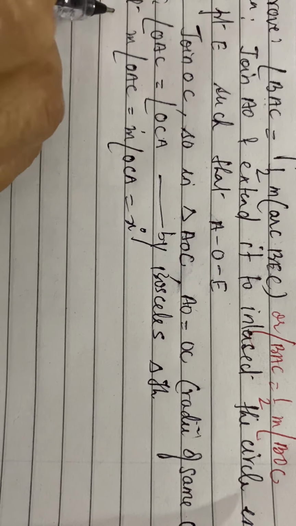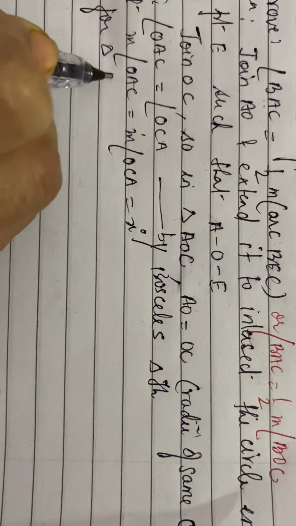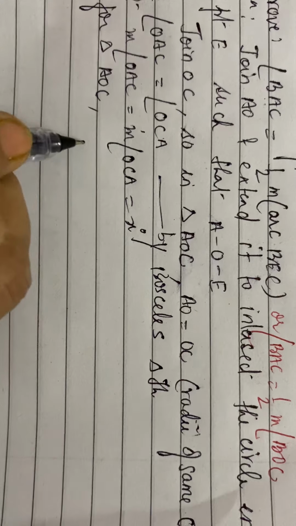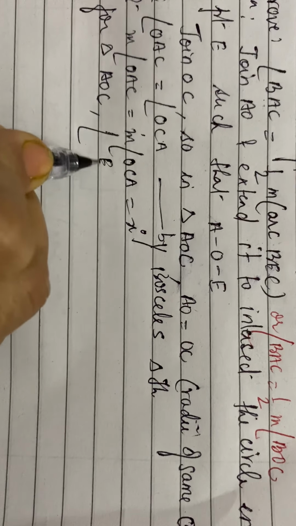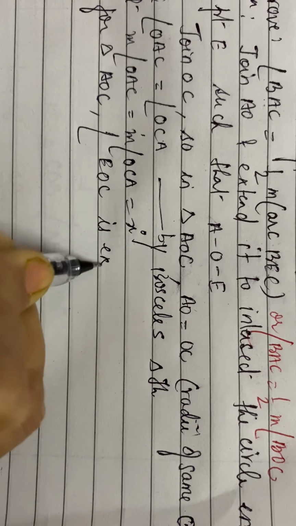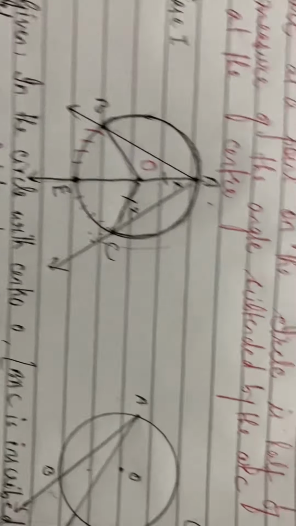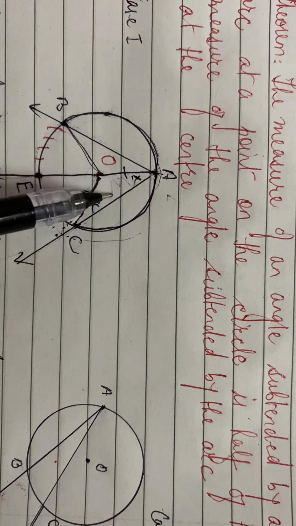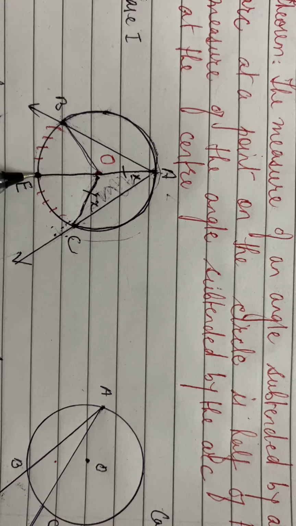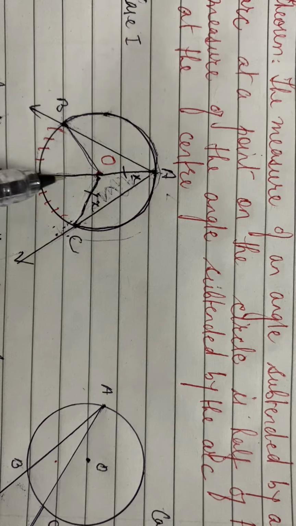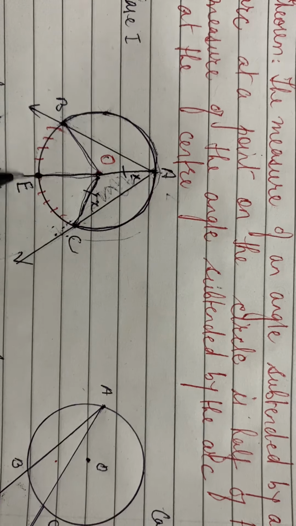So, for triangle AOC, angle EOC is the exterior angle. Have a look in the figure. For this triangle AOC, which is the exterior angle? EOC is the exterior angle.